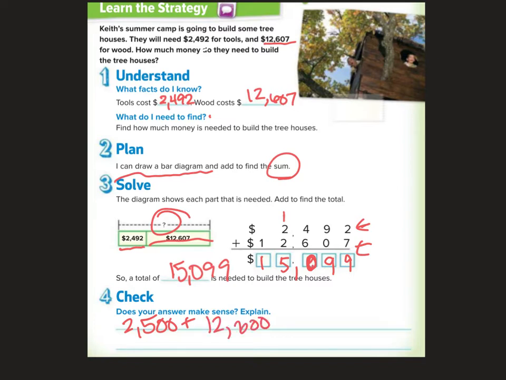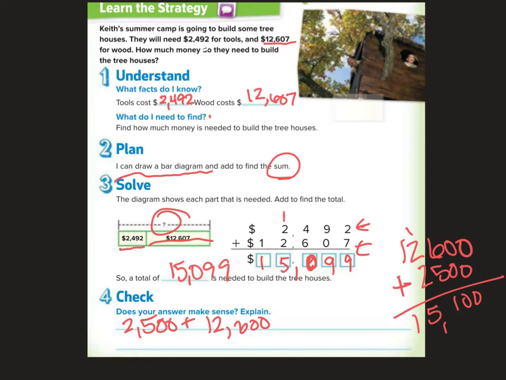12,600. Now, if this is hard for you to visualize, we could write it this way too: 12,600 plus 2,500. Okay, so 600 plus 500 makes 1,100. If I'm adding my thousands together, I have 2 and 2, which give me 4, and 1 more, which gives me 5, and 1 plus 0.